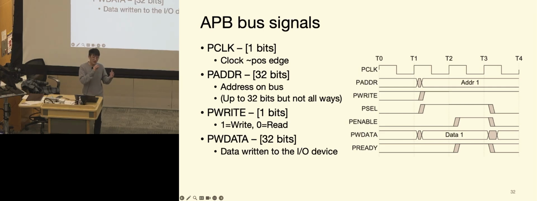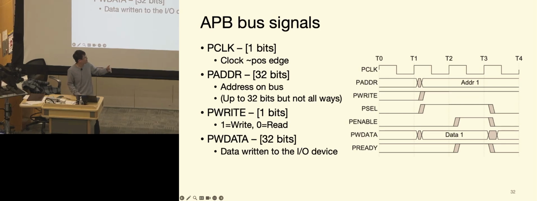It tells you whether it's a write or read command, store or load. And then the P write data is the data bus that carries data from the master to the slave. And that one has 32 bits, as we introduced so far.